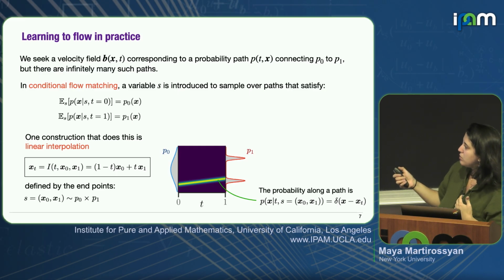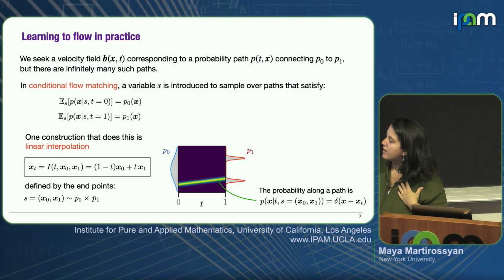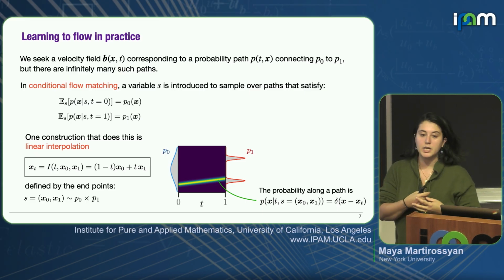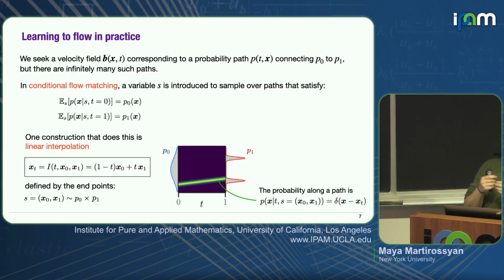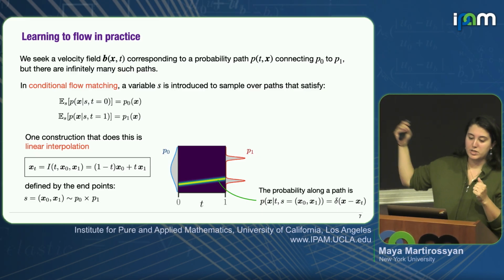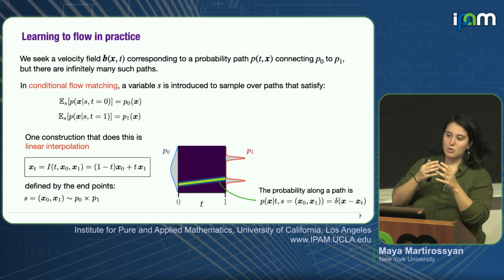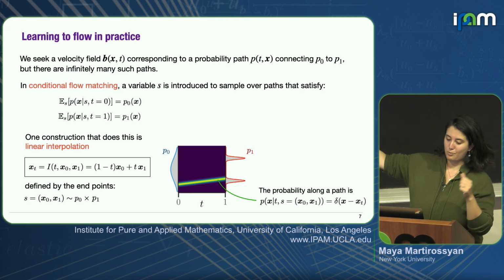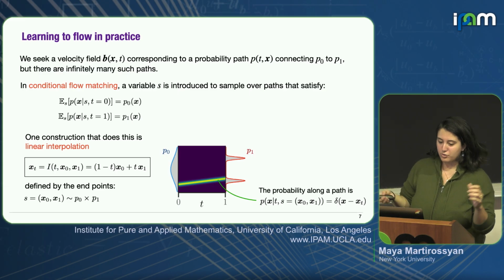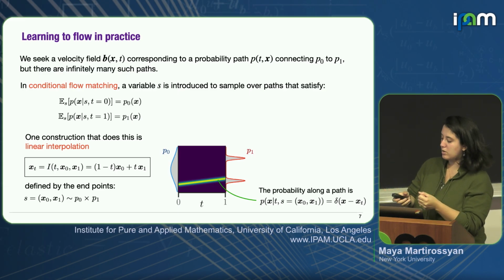Here, for example, I write down a version of the path that is just a line. The line meets this criteria that at time 0, I'm at my first sample, and at time 1, I'm at the second sample. These samples are how we're going to do learning.